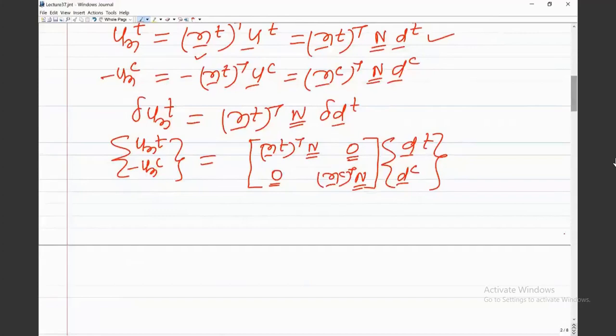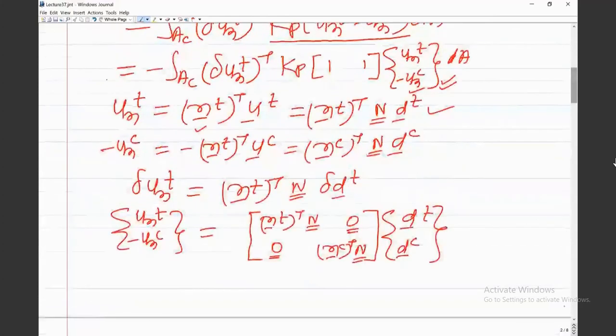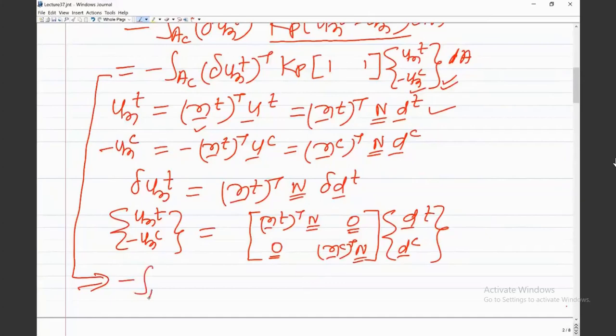So now if we look at the last term which we have, this integral term, we'll have minus integration over the contact area, and then the penalty parameter kp. Kp is a scalar, so you can write it anywhere. And then we have delta UNT transpose, and delta UNT is given by this.